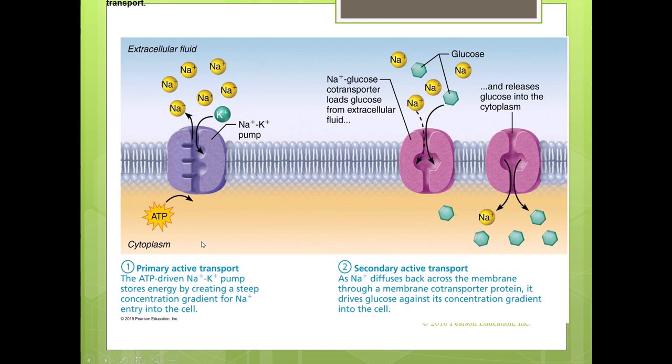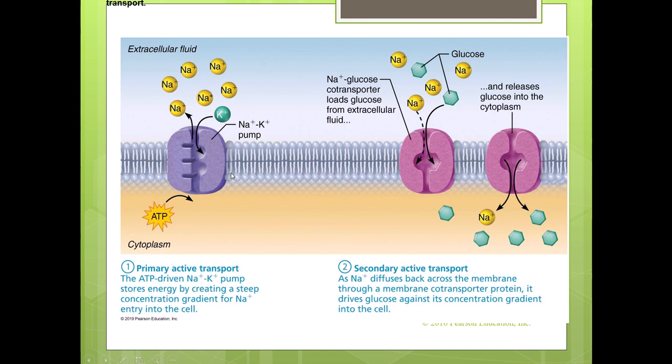That sodium pump that we were just looking at is a form of what we call primary active transport. Primary active transport directly uses the energy released from ATP. By using ATP as an energy source, we create the high concentration of sodium outside and the low concentration of sodium inside, and we create that gradient in the sodium concentration, that hill.